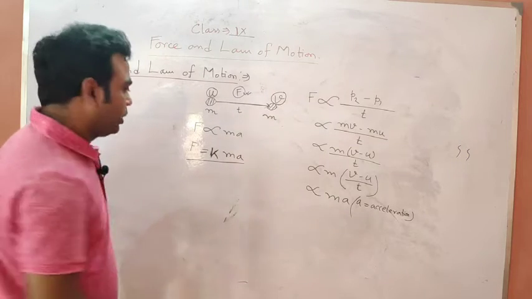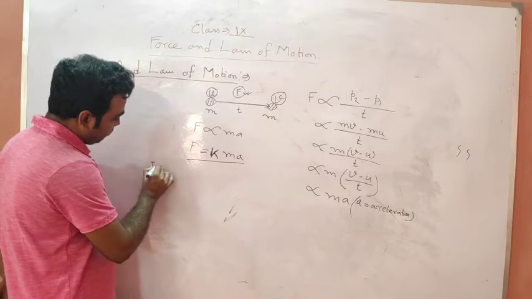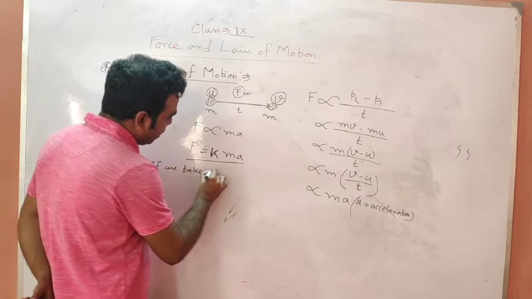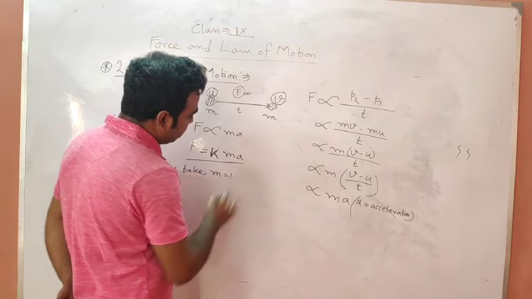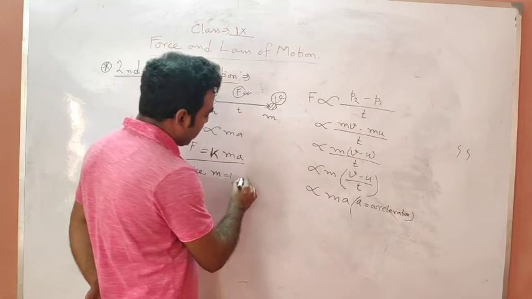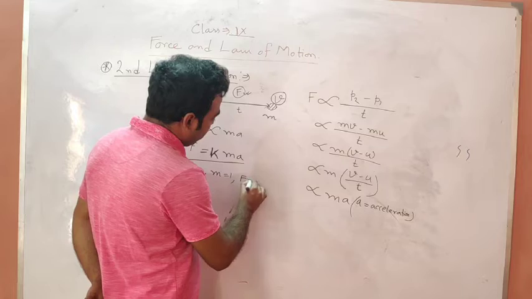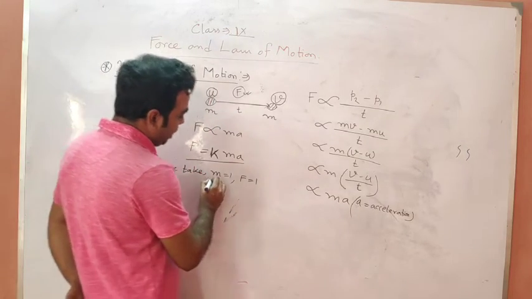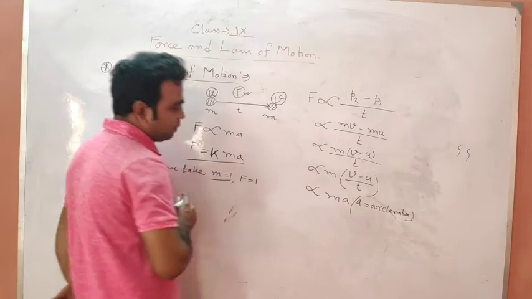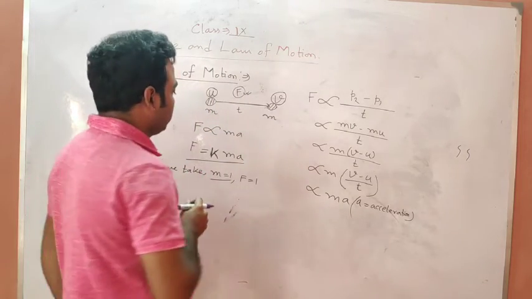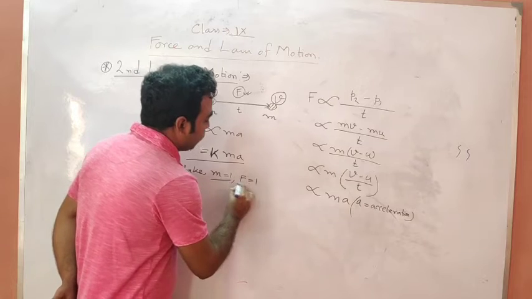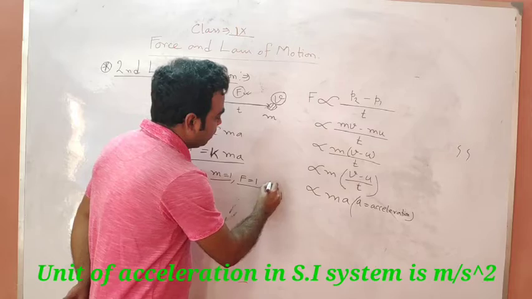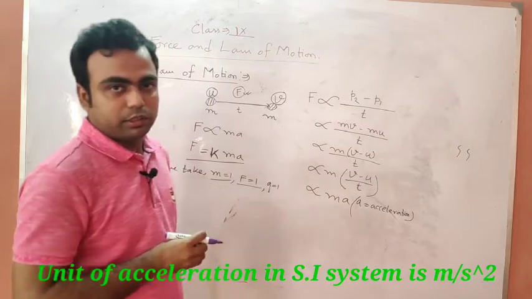To find the value of the constant, if we take m equal to 1 and apply a unit force, that means if we take 1 kilogram of mass and apply 1 Newton of force, then we get 1 meter per second squared acceleration.